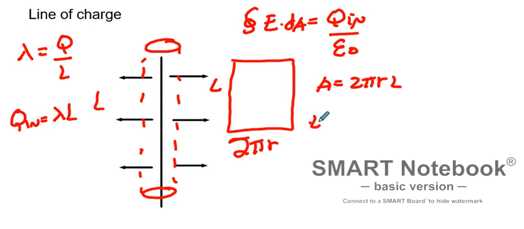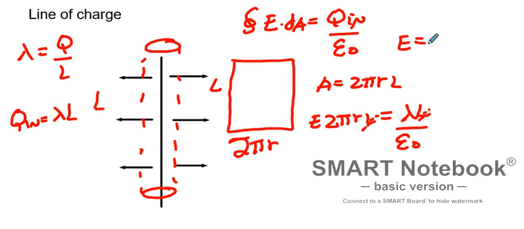Electric field multiplied by area 2 pi r L is then going to equal lambda L over epsilon naught. And of course, we'll see that the L's cross off. And our electric field equation for a very long line of charge is going to be lambda divided by 2 pi r epsilon naught.